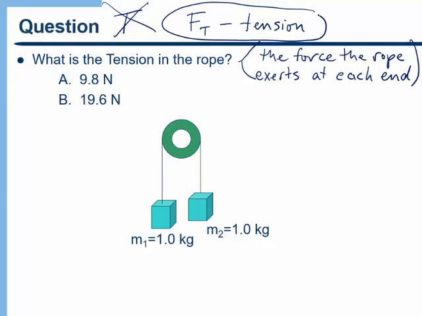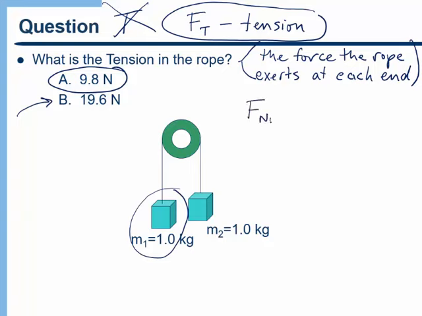All right, let's go through this together. Often, the most common answer when I ask this in a class setting is B, but B is incorrect. The correct answer is A. And let's see how we can figure this out. To figure this problem out, I just need to look at one of the masses. So let's look at mass number 1.